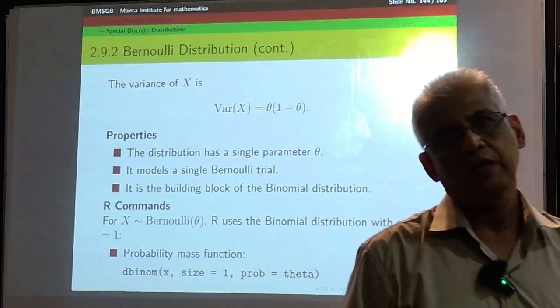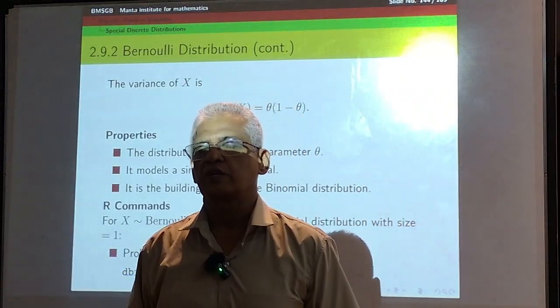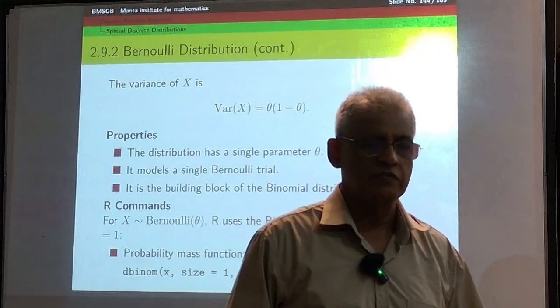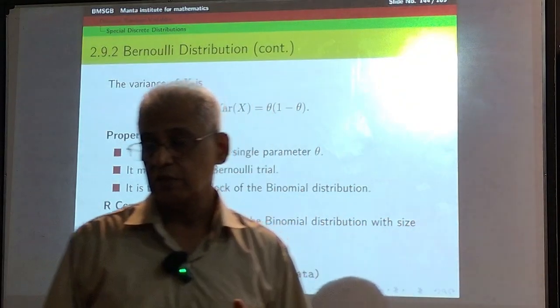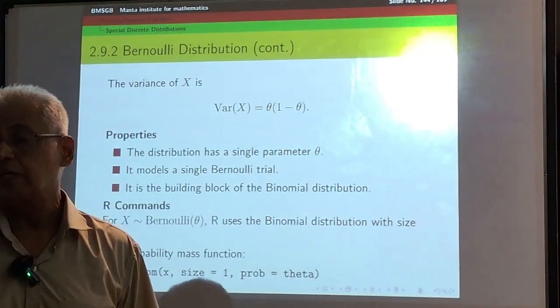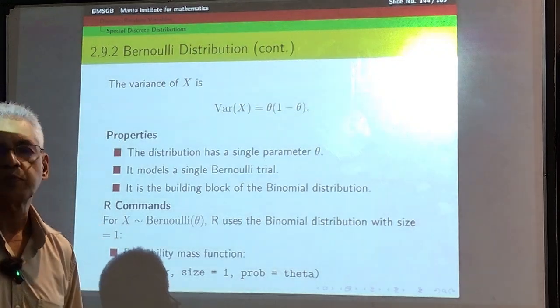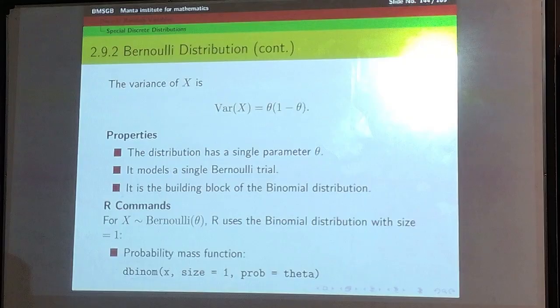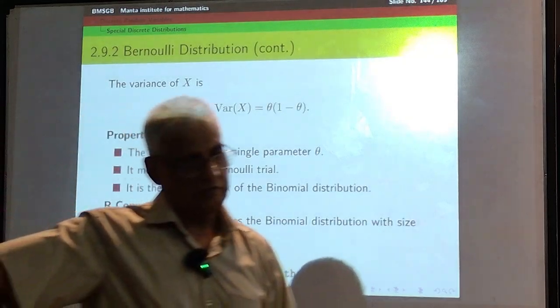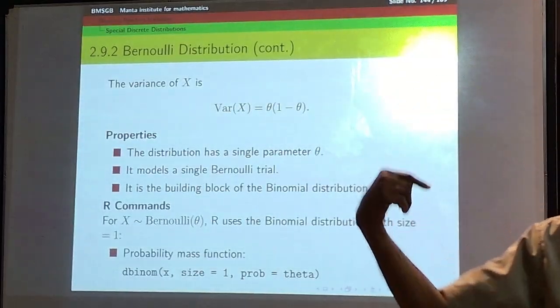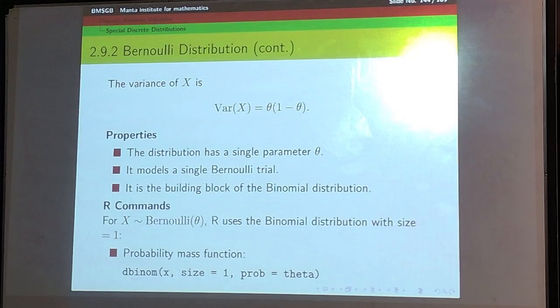R has a series of functions for probability, CDF, and density function for the binomial, so we can use the same functions to get the corresponding values for the Bernoulli distribution. When I come to the binomial, I will show you that, and I will come back to the Bernoulli if necessary.